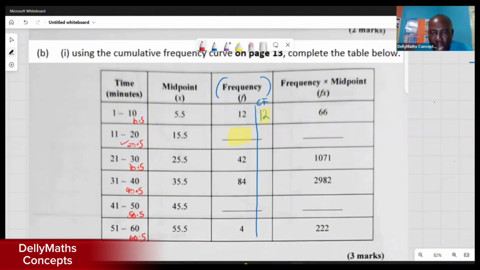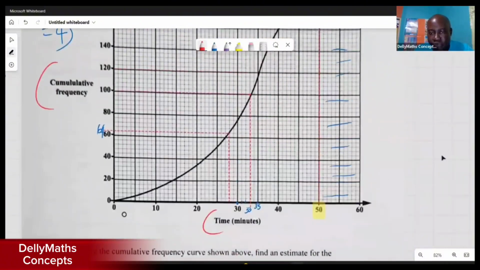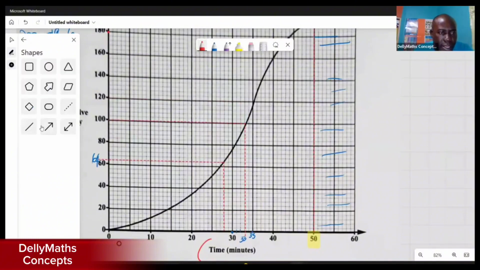And when I subtract 12 from whatever number I get, it's going to tell me the frequency. So let us go for the cumulative frequency at 20.5. Based on the scale, 20.5 is going to be coming up in the middle here, somewhere there.